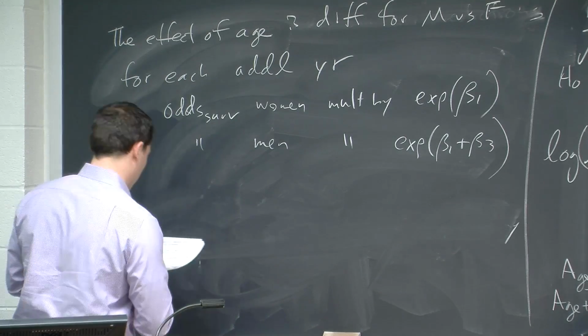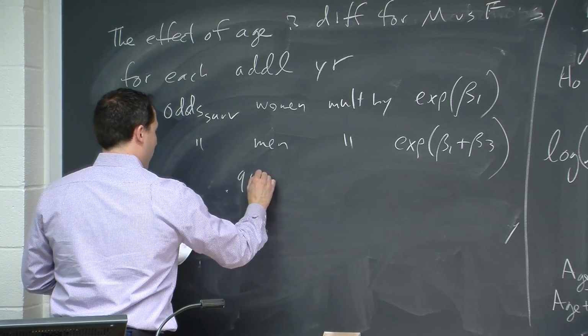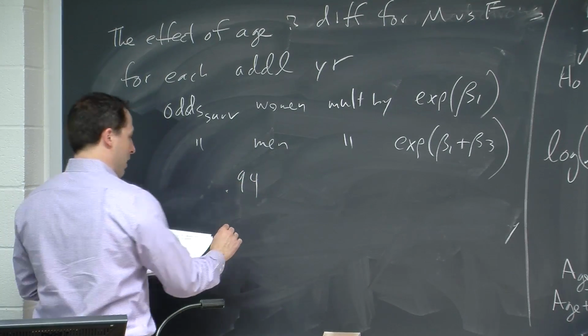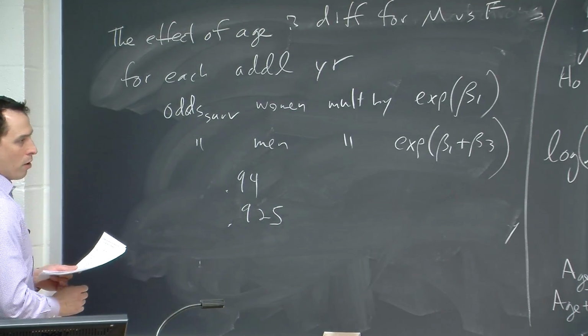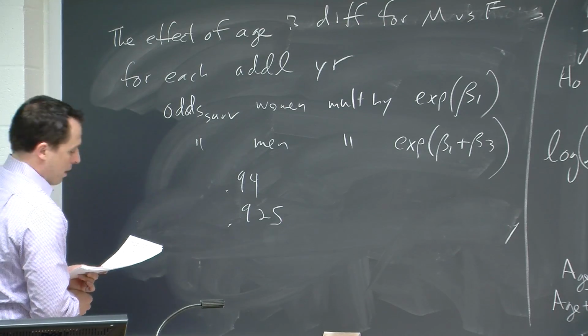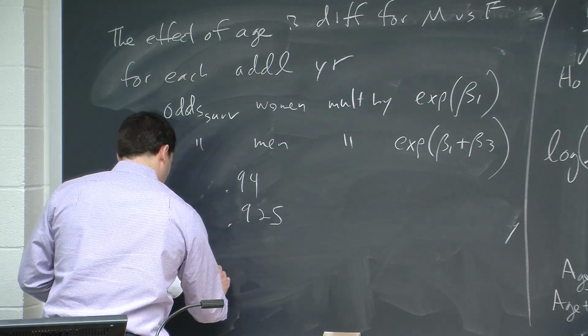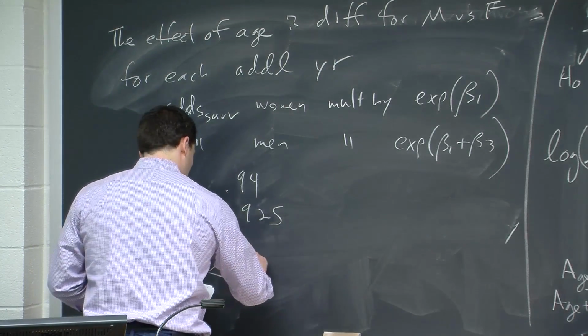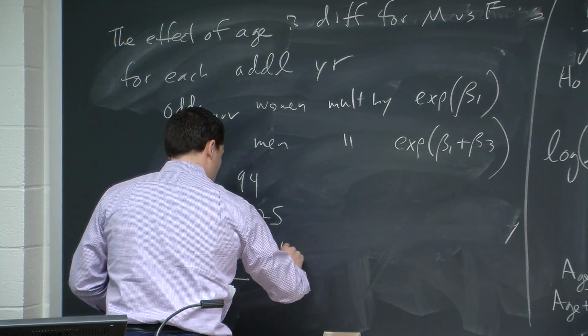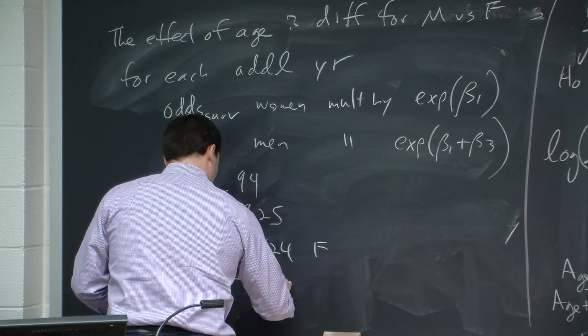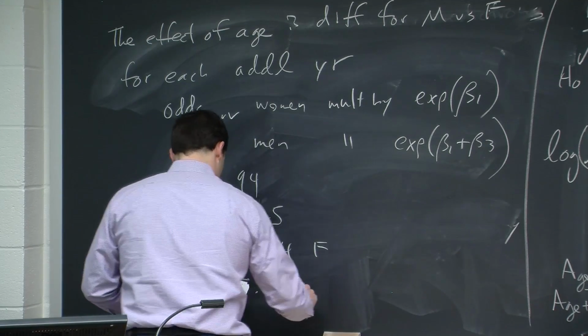And if you fit it, we go from 0.94 with only age to 0.925 with both age and gender but not interacting, and then that number splits into 0.824 for female and 0.968 for male.